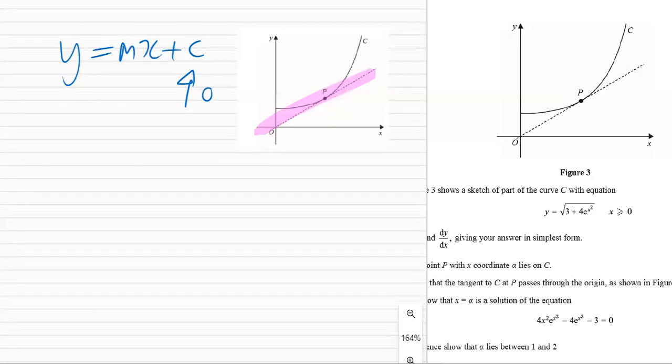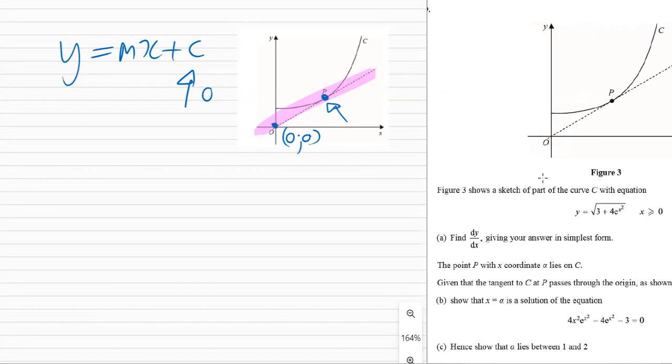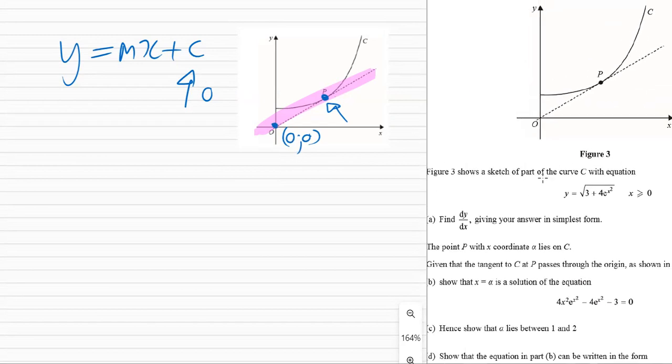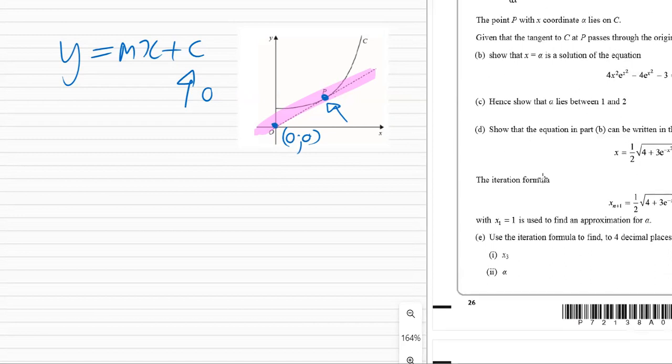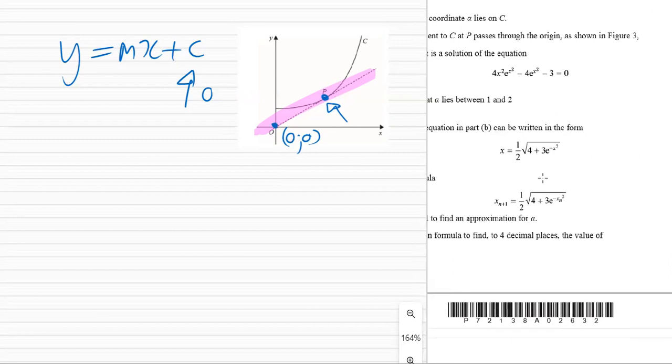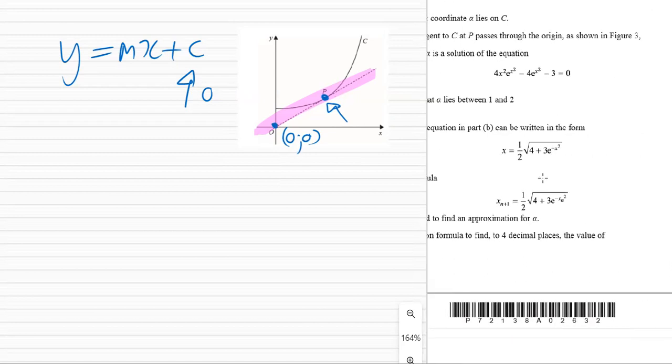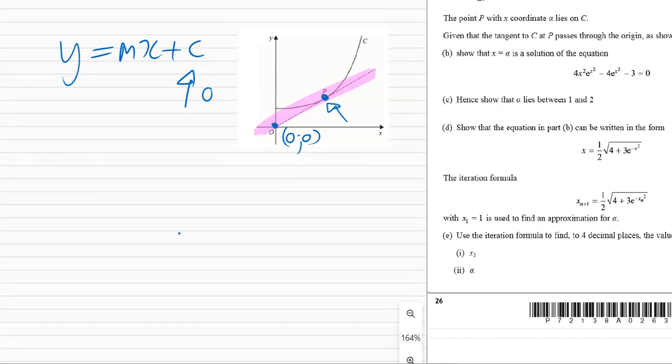But if you don't think of that, you could just say that it passes through 0, 0. Both options are true. And we know that the point there touches both this purple line and the curve. Then just see if they gave anything else. C passes through the origin. Show that x equals a is the solution of this equation. Okay, weird question.